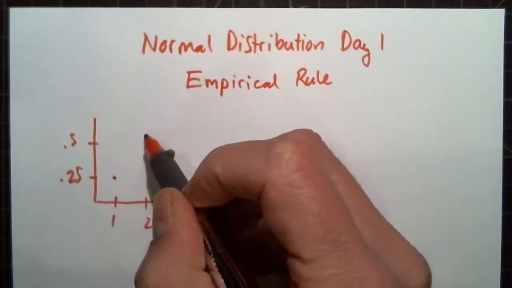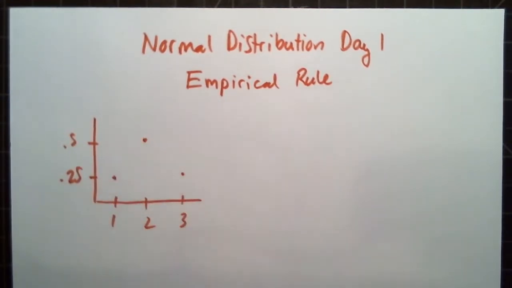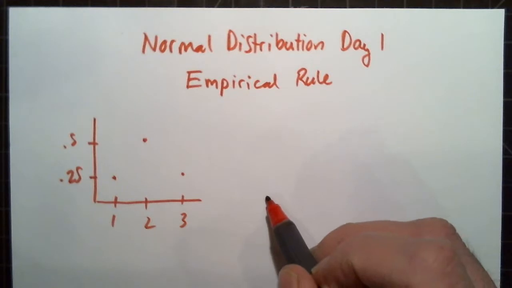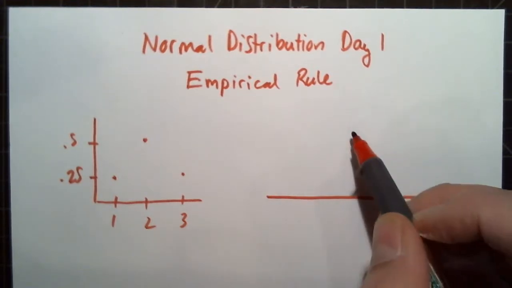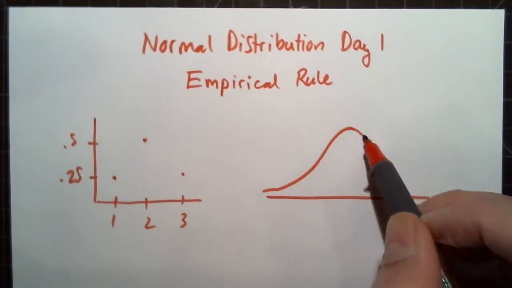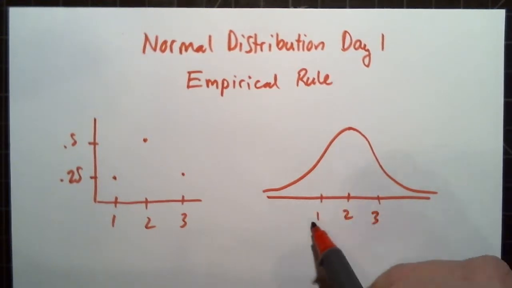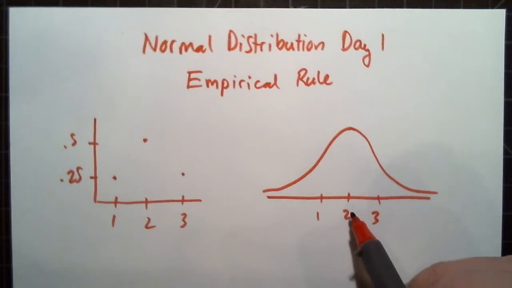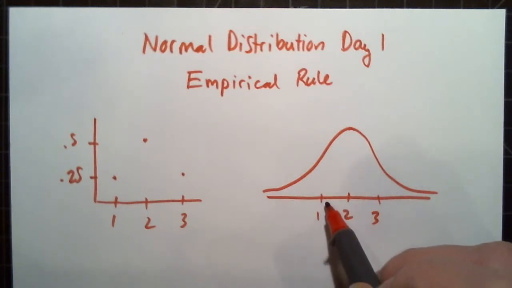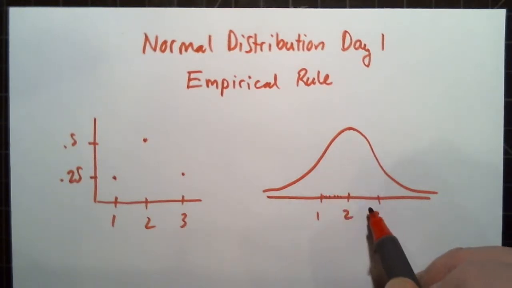And we can talk about the probability of each value of the discrete random variable. But if we have a continuous random variable, we might have the same numbers, but now we also have the possibility of all these other values occurring.